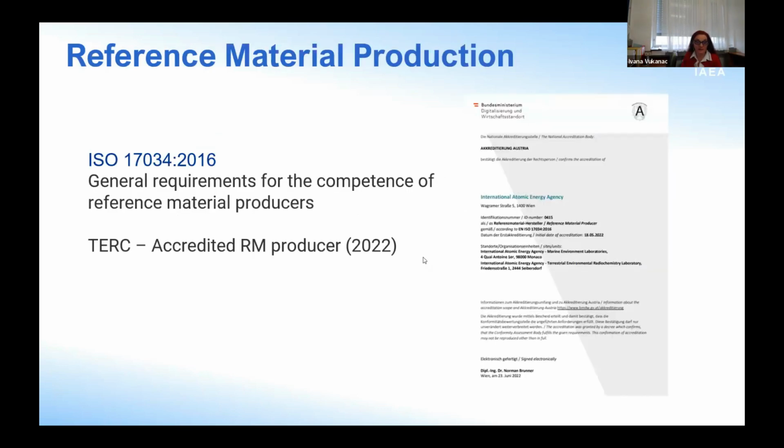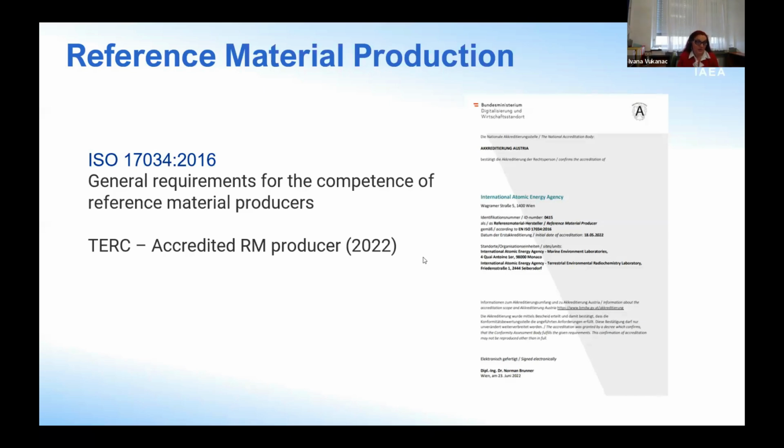If we have in mind the importance of reference material in all stages of measurement process, the quality of produced reference material is of crucial importance for obtaining good, reliable measurement results. As I said earlier, requirements for reference material producers are given in ISO 17034, and in the next part of the presentation, I will go through the provisions of this standard describing the process of reference material production.